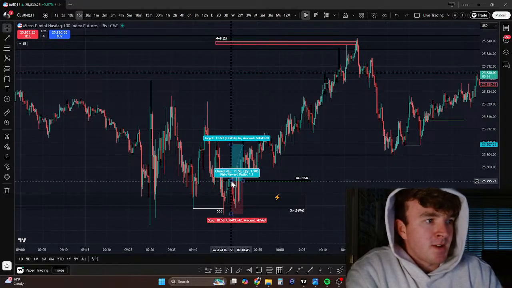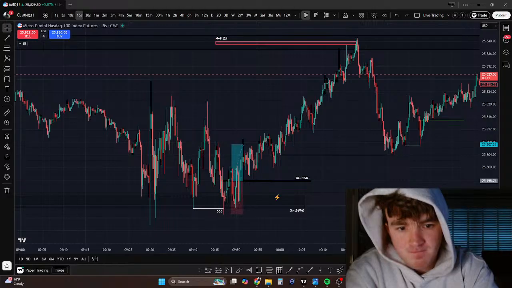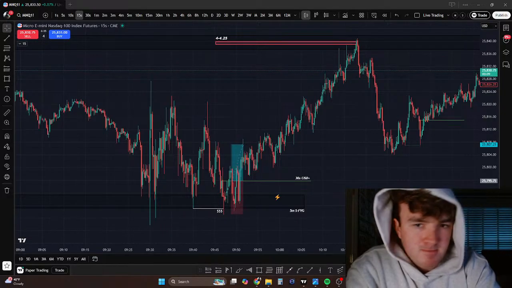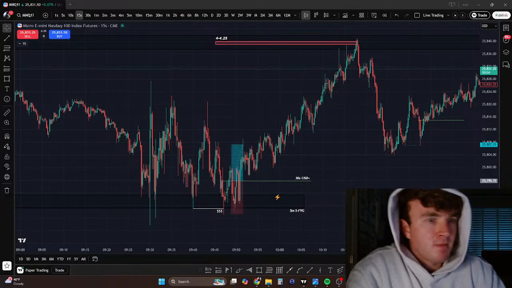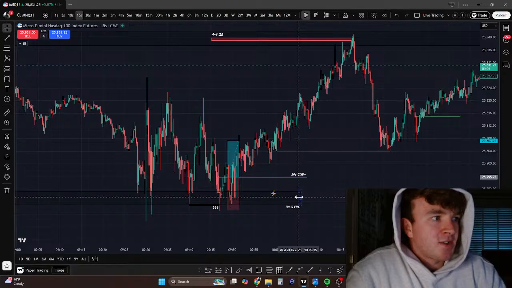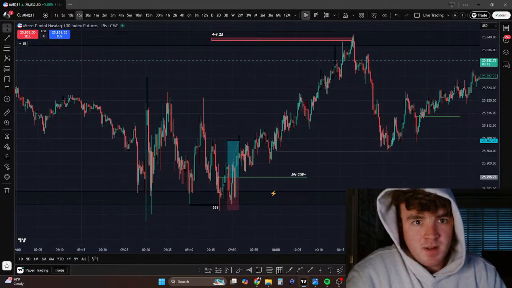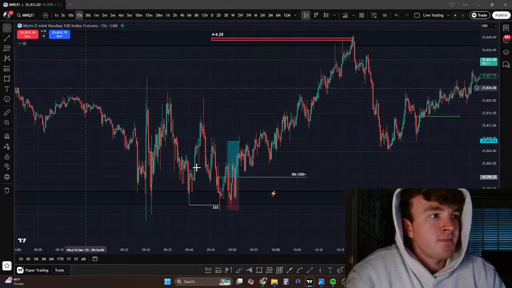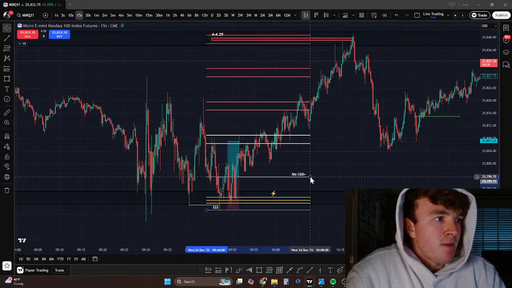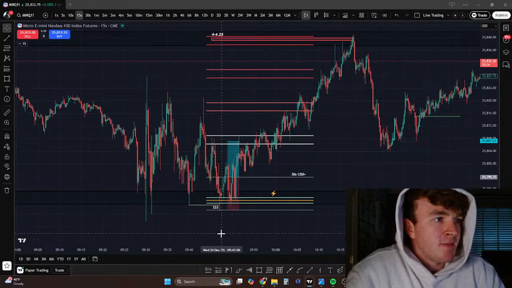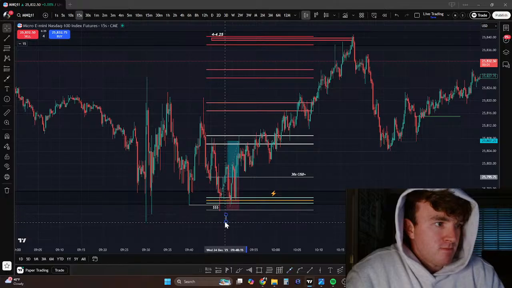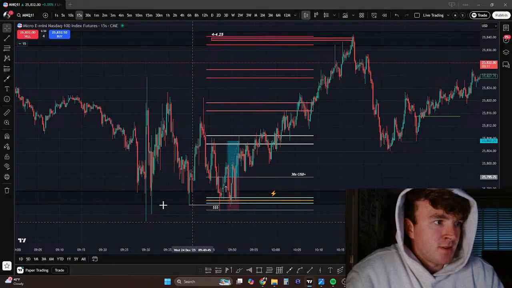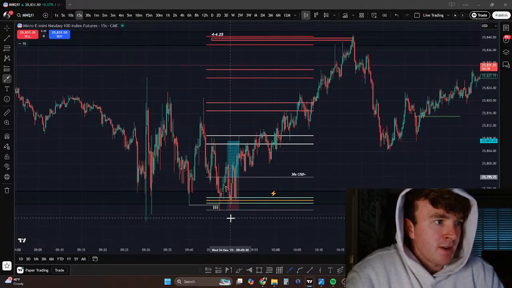So 9:49, minute line to 30-second. This is how the trade should have been taken. Entry number 1 here, and then entry number 2 stacking right here.